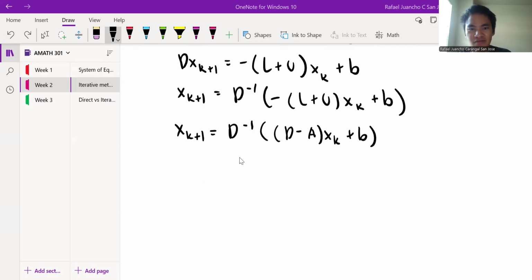This is just the compact form of the Jacobi iteration method or scheme. Anyways, I'm not gonna dive deep into that. Maybe in a future course I might go back to it.